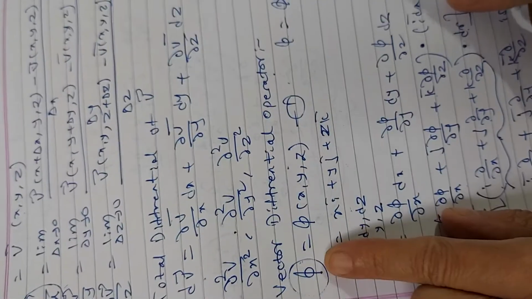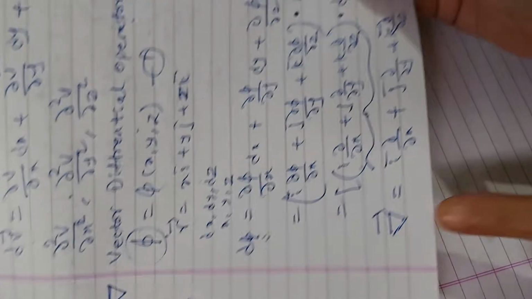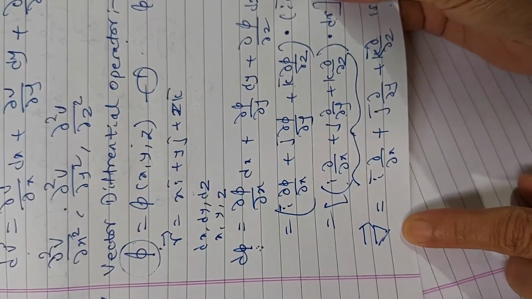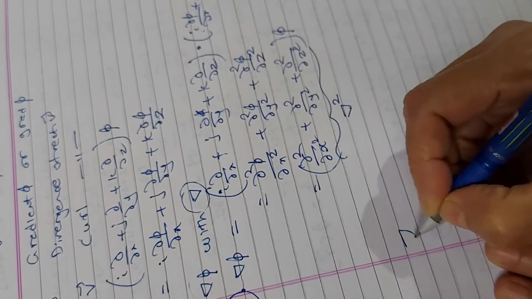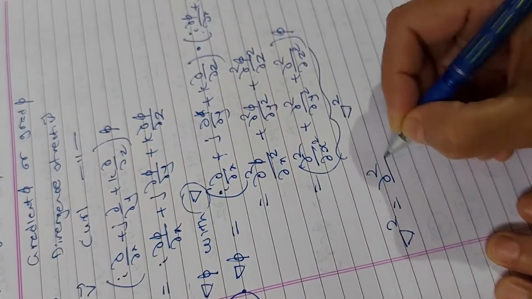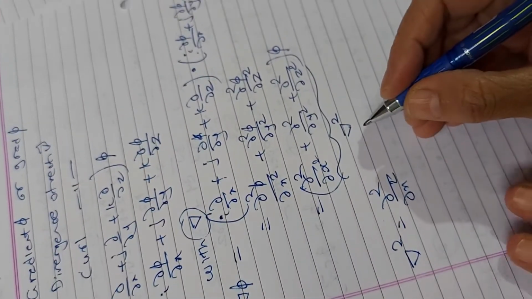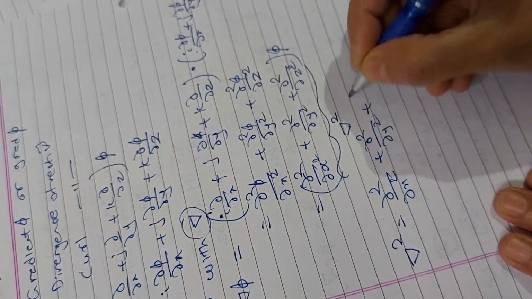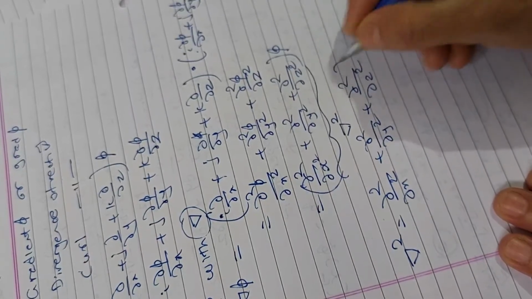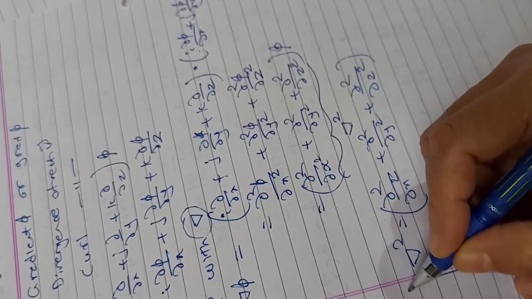Earlier we just defined the vector differential operator del. This one. Correct? Now I defined del square. So what is del square basically? Del square is ∂²/∂x² plus ∂²/∂y² plus ∂²/∂z².